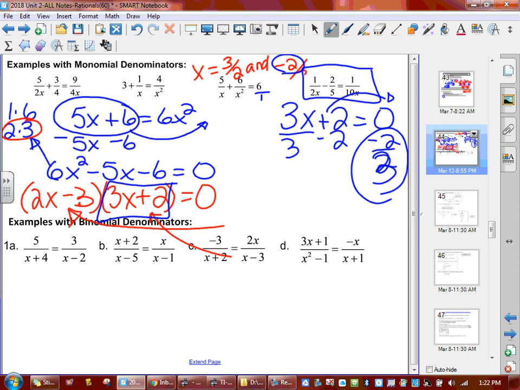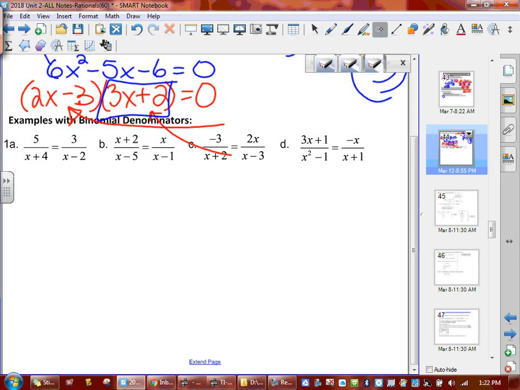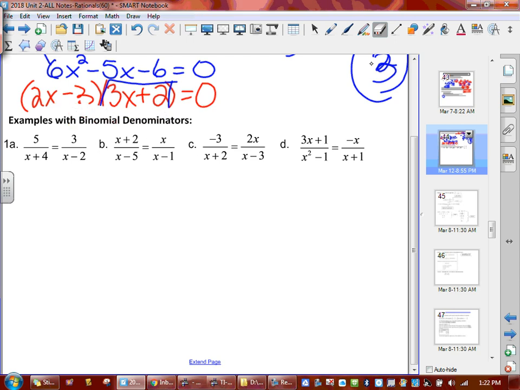We're going to move down on to the binomial denominators. Okay? Down to the binomial denominators. All right. So, working with these binomial denominators, if the bottoms are completely different, you must use them all. For example, x plus 4 and x minus 2 are completely different, so I'm going to use both.